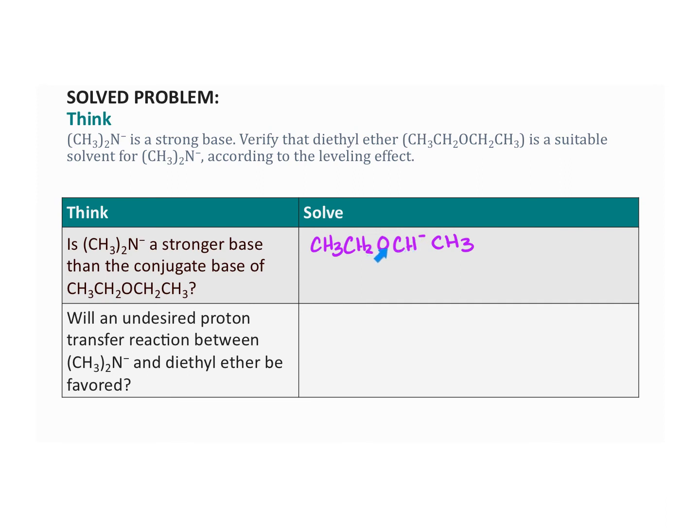It's more likely to remove a proton next to the oxygen. We're going to worry about why that is later. Just trust me on this, that this would be the base. Okay. So for CH3 minus to be a stronger base than this, CH3 minus must be a weaker acid than diethyl ether.